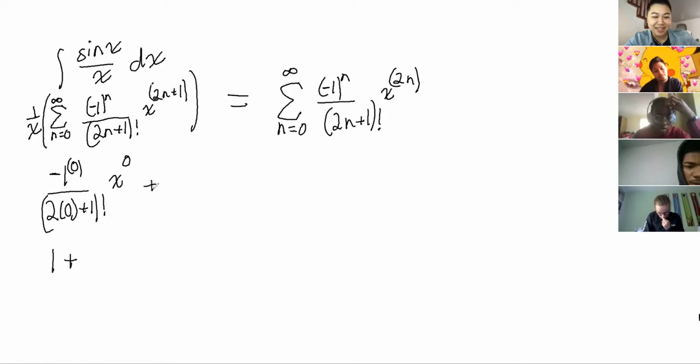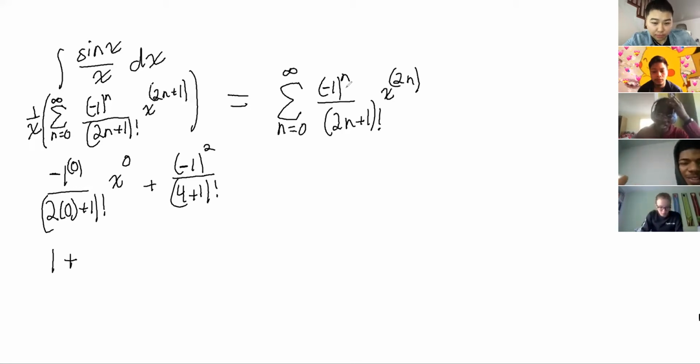Maybe 1 plus 1 over 1 times... when n is 1, it's gonna be x to the 2 times 1 plus 1, factorial. Wait, wouldn't it be just to the first power? Oh wait, we started with 0.